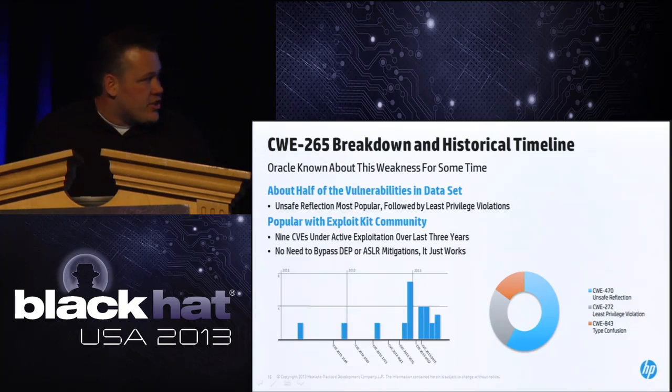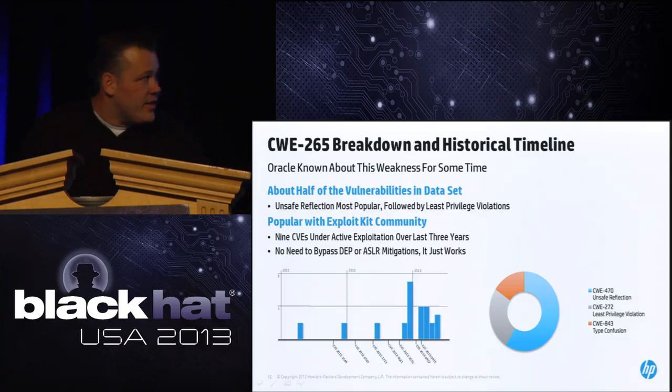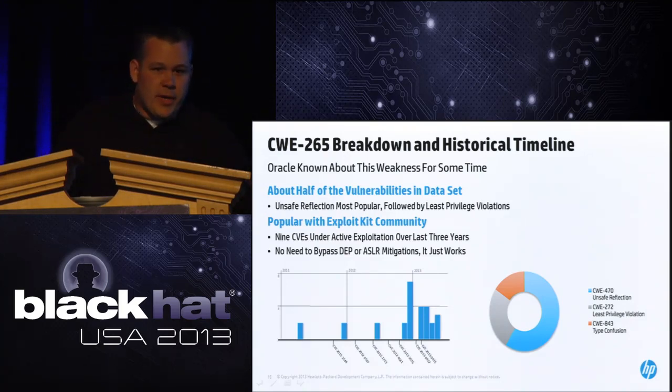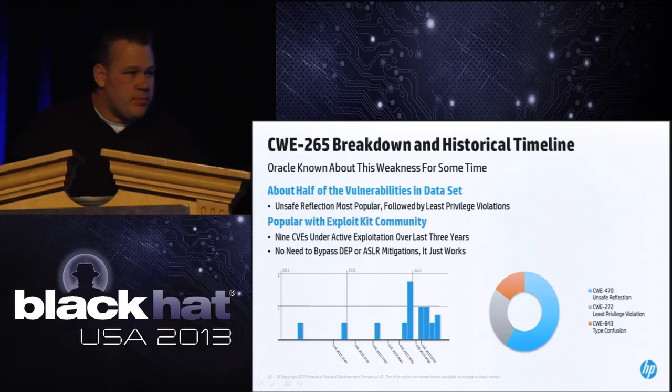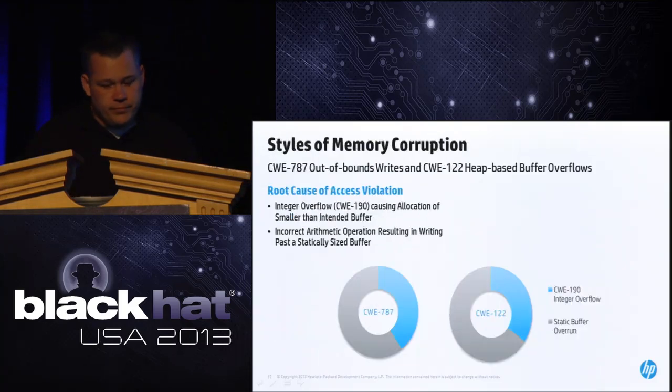There's a chart on the screen that shows ZDI submissions and then CVEs in the wild that are actively being exploited. So we can clearly state that Oracle has known about this issue for a long time, as early as 2010, 2011. And these are actually quite popular, and we'll talk about this in the leveraging section with exploiters, because you don't have to bypass OS level mitigations like DEP and ASLR. They just work every time.